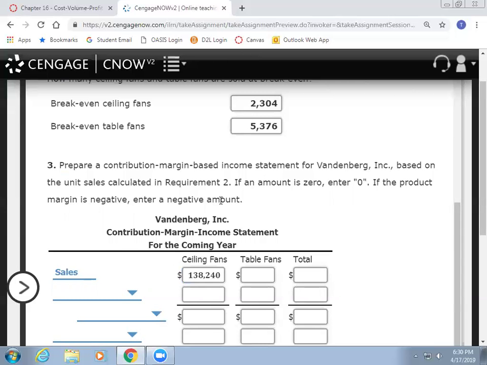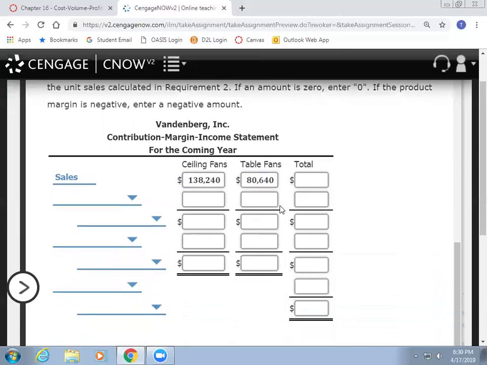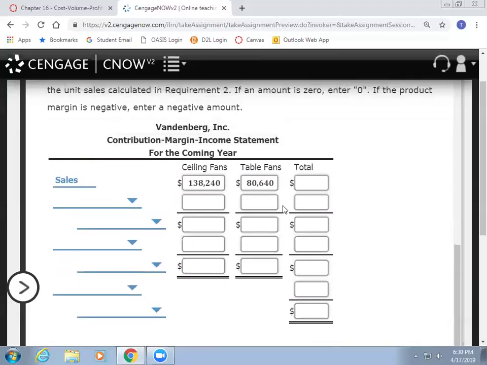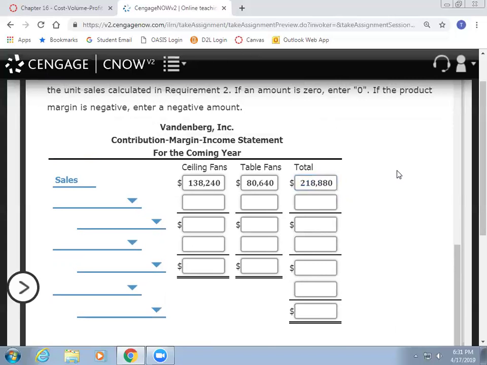For table fans, you have 5,376 fans times 15 price, so it should be 80,640. Total sales, working all the way across, would be 218,880.